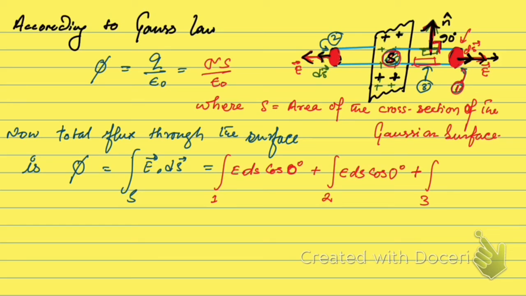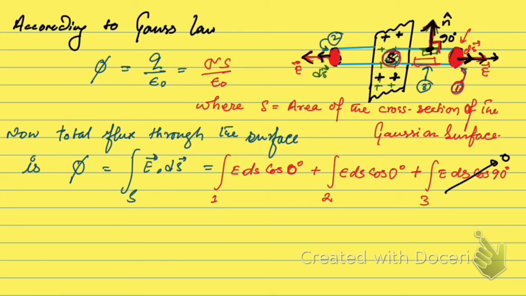The electric field is in this direction, so this is 90 degree, right? So hope you have understood this. That's why here we write E ds cos 90, and cos 90 equals 0, so this part becomes 0.